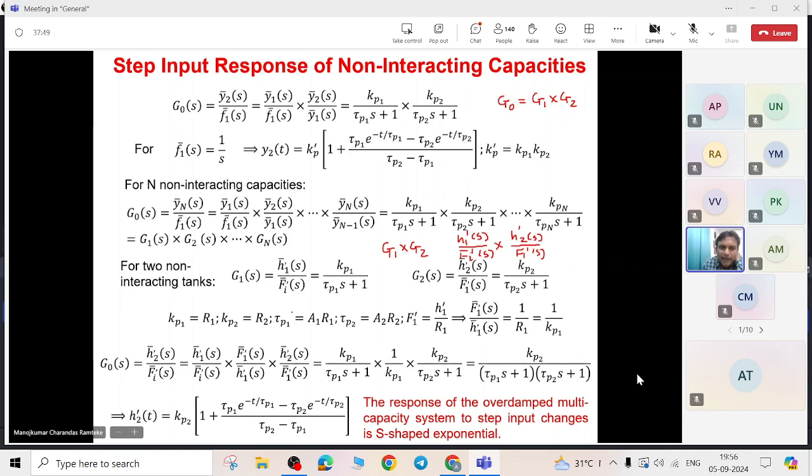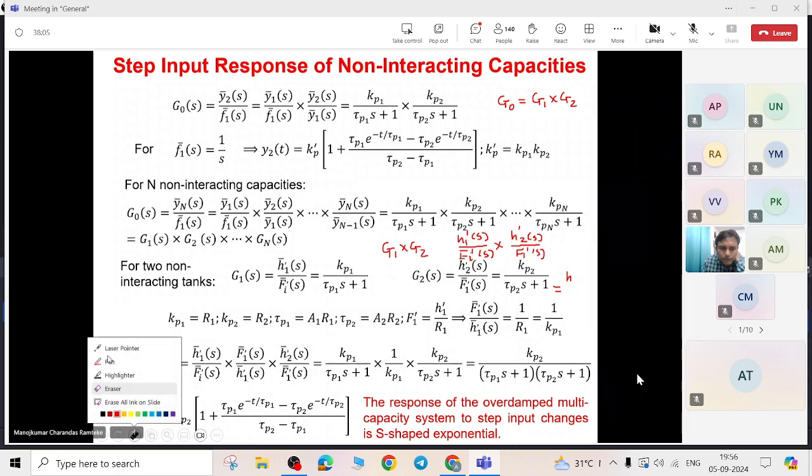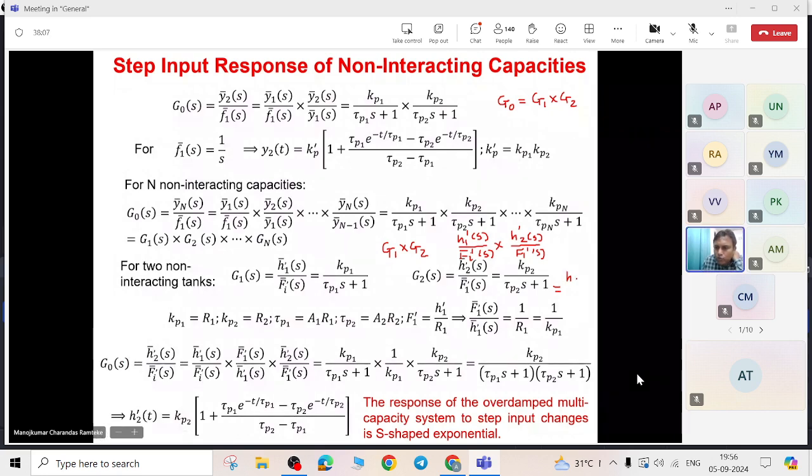I am interested in getting how this H2 dash S is related to Fi dash S. This is what I'm interested in.